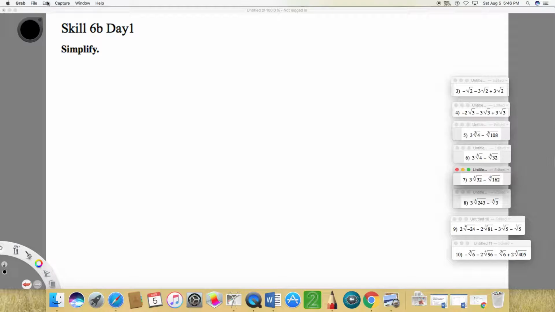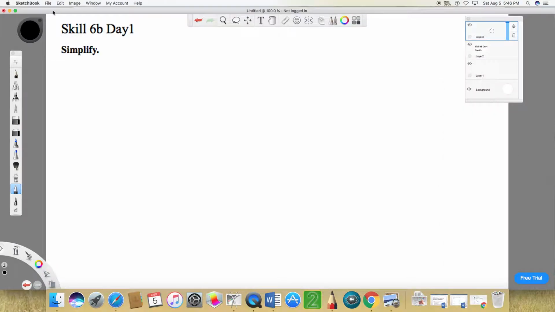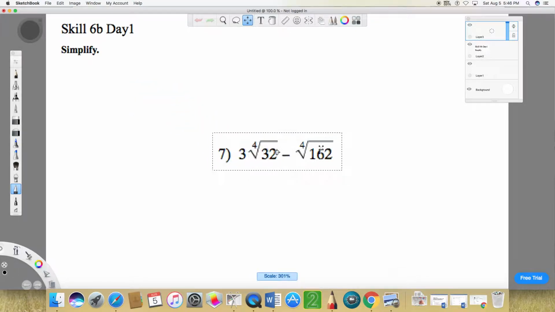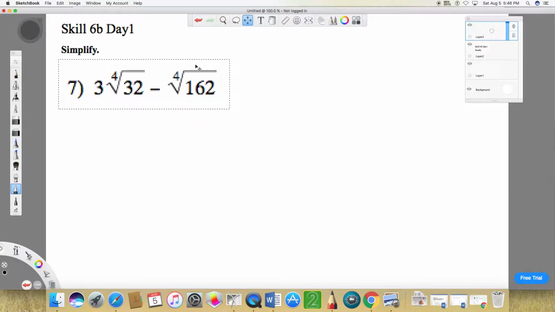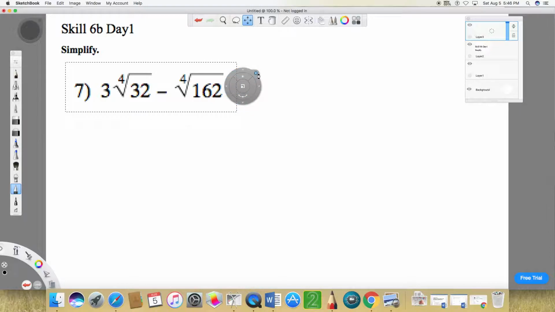Or number 7. So right now these are unlike terms, but it's possible that we can simplify the 4th root of 32 and the 4th root of 162 and maybe rewrite those in such a way that we very likely will be able to combine them.